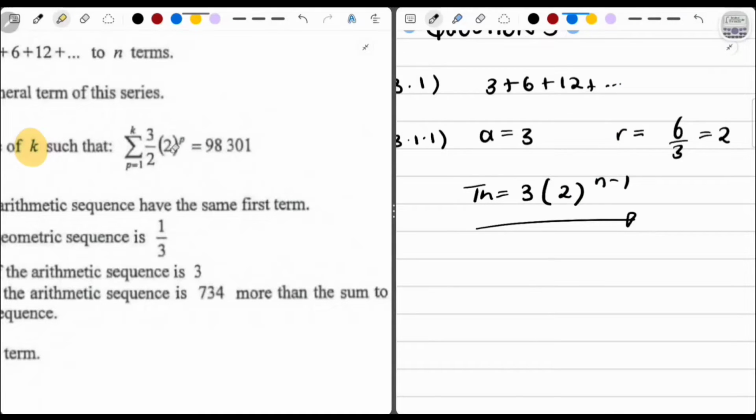We can also see that here we have 2 as the ratio, here we also have 2. The only thing they did with this p is that it became a 3 over 2, because this 2 is raised to the power of n, which you can see as the p, and it has a minus 1. If you separate it, it's 2 to the power of p times 2 to the power of negative 1.